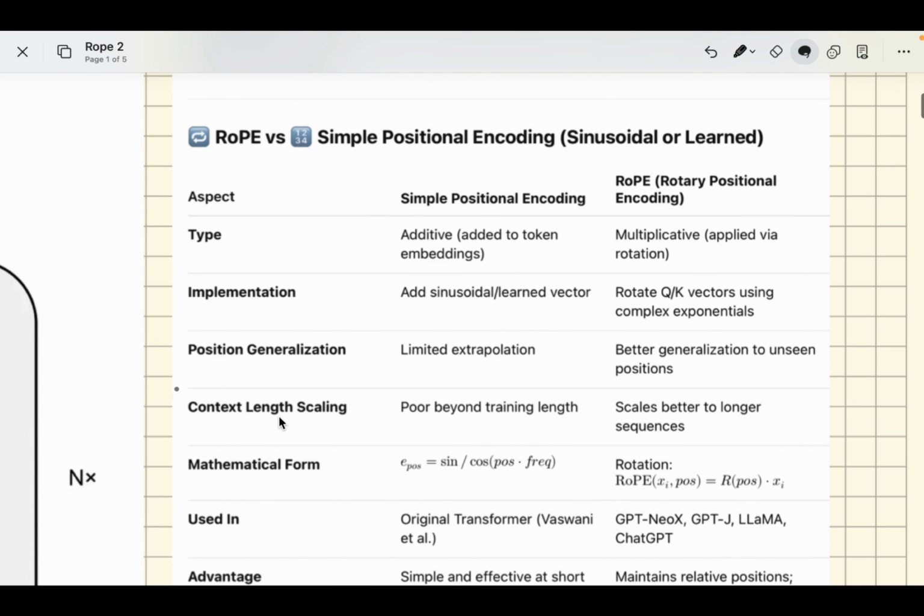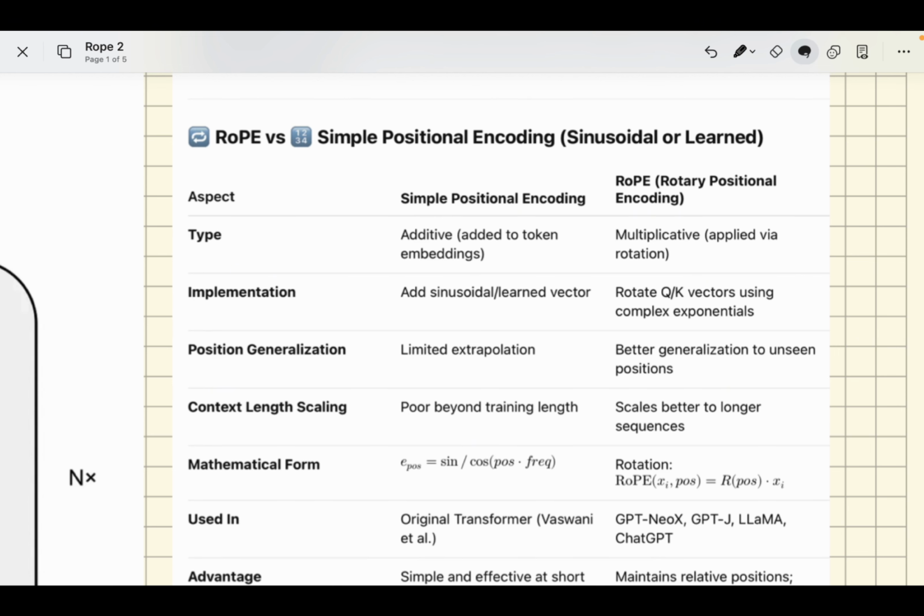So technically we have two main kinds of encodings. One of them is the simple positional encoding, or sinusoidal encoding, which is mainly used in the original transformers in Vaswani et al. But RoPE, or Rotary Positional Encoding, is mainly used in more modern language models like LLaMA, GPT, DeepSeek, and Mistral as well.